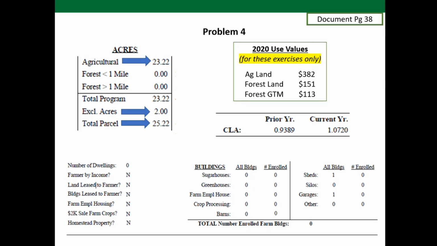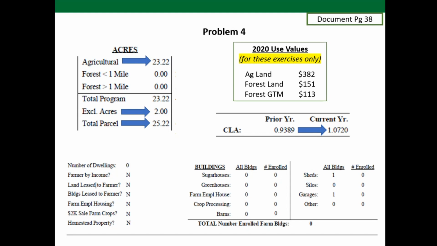Okay. And then we also need to know, what's the next item, Deanna? Oh, sorry, I hit the mute button instead of waiting for your forward button. We also need to know what the CLA is. The current CLA, we kind of gave you a trick one here, in this example is 1.0720.